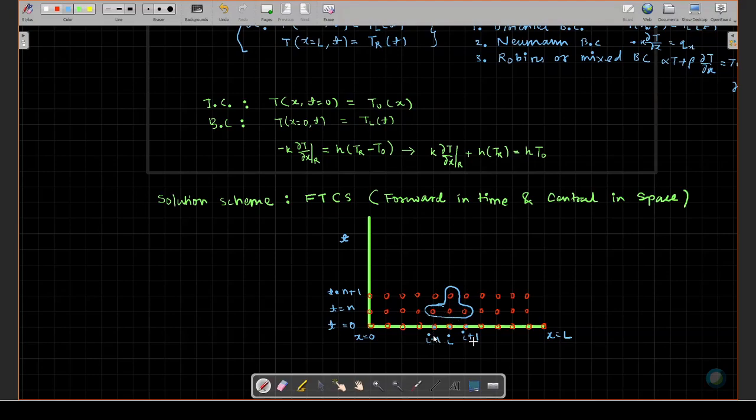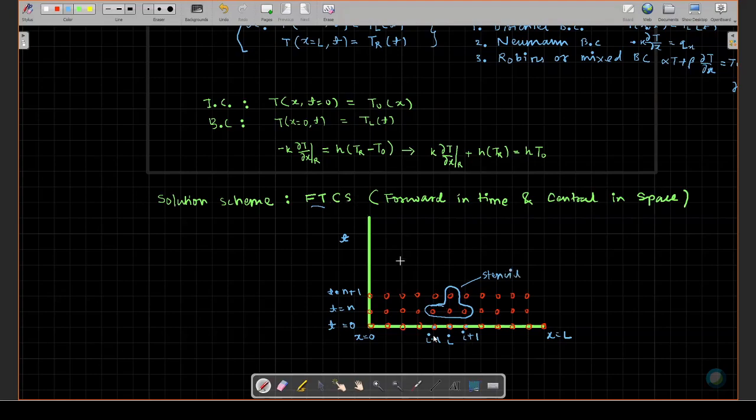Okay, with central difference. Central difference means around i you need 2 points, and forward difference at the i location you need 1 n plus 1 and 1 nth location value. So that is forward in time, and central in space is this. So this is called a stencil for FTCS.